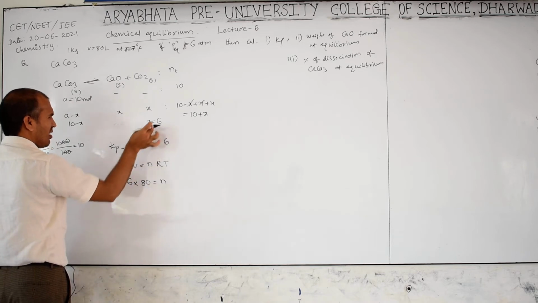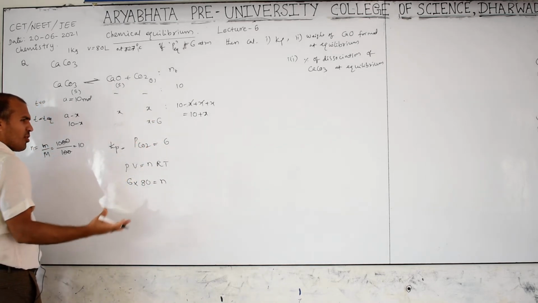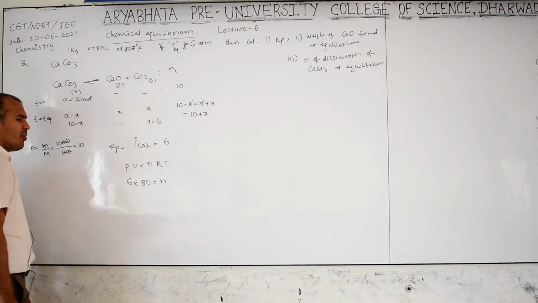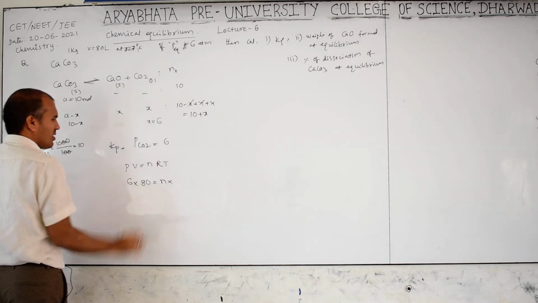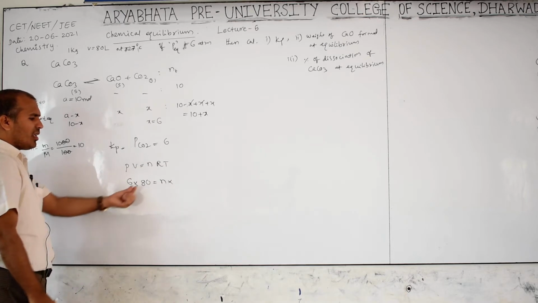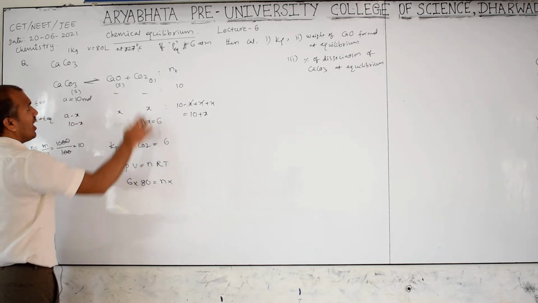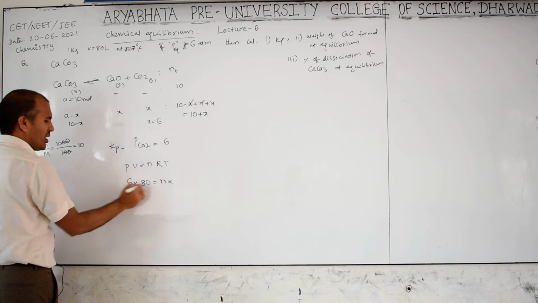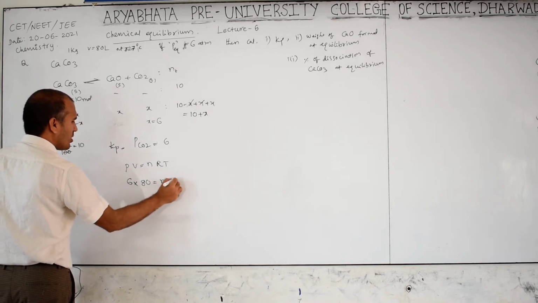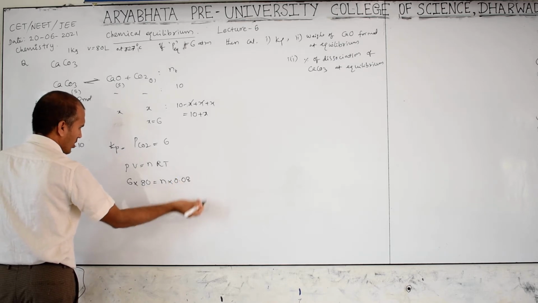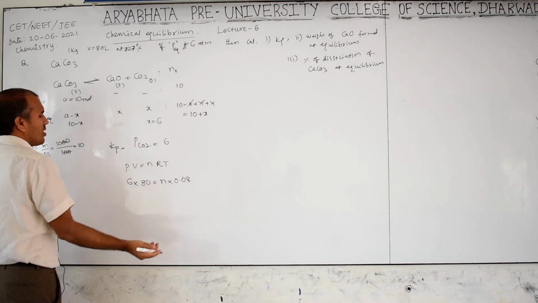Actually pressure is directly proportional to the number of moles. This 6 means this is also 6 only, but if you want to calculate, you can calculate like this. The R value in liter atmosphere is 0.08, since pressure is given in atmosphere. The 21 you can neglect.